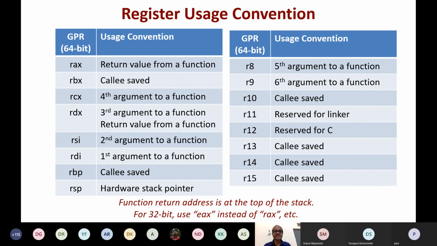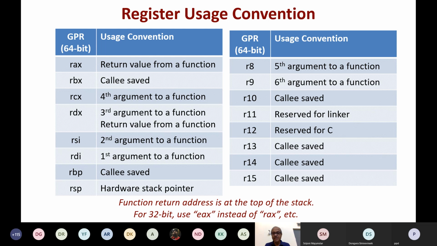Now you see there are 16 general purpose registers, as I had said. RAX and RDX can be used to store the return value from a function. Which means when you're calling a function, the function is returning some integer, suppose. That integer return value will be loaded in the RAX register before the function returns.